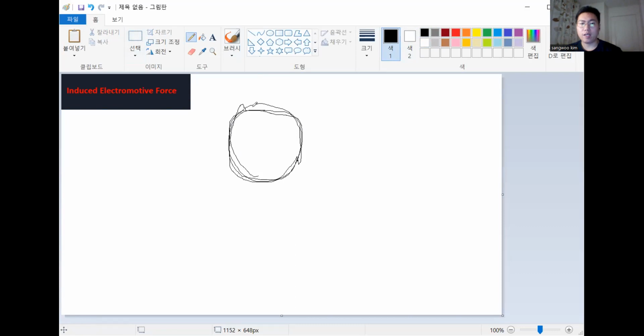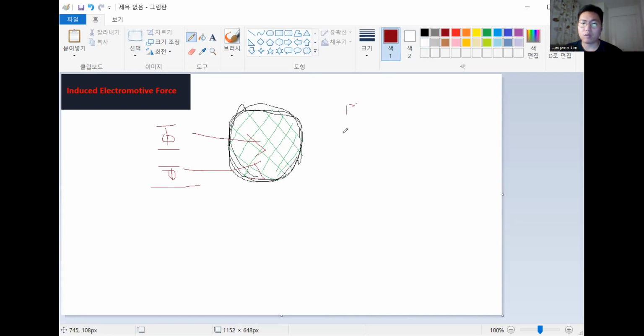But as I said, the important part is the area inside of this part. The space here. If the flux, phi, the magnetic field coming to here, changes as time goes by, it makes induced voltage. What I mean is EMF, induced electromotive force.